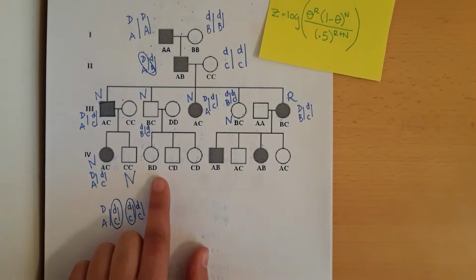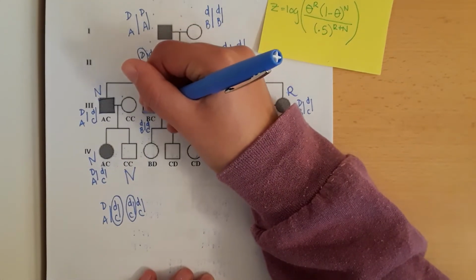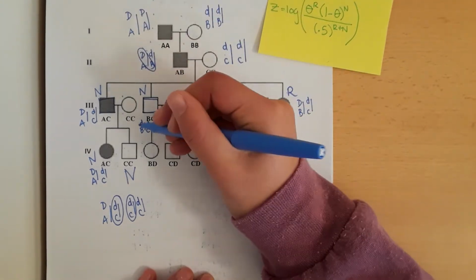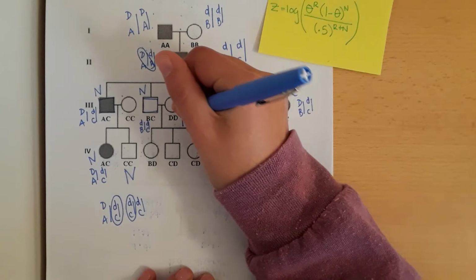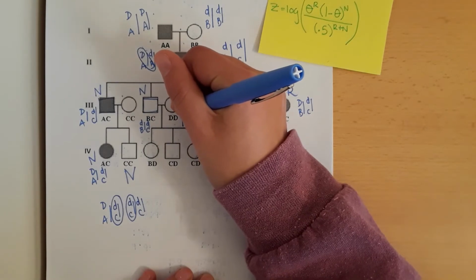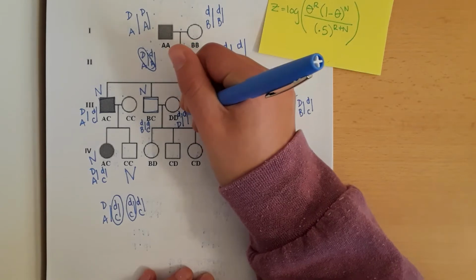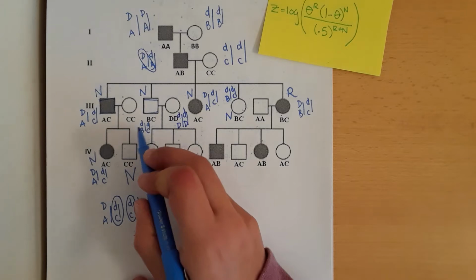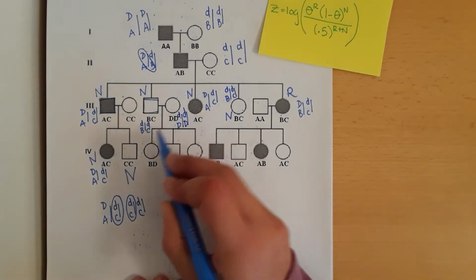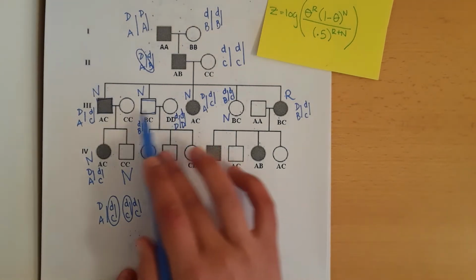Now let's take a look at these people. So this person has a small d B and a small d C. Then this person doesn't have the disorder either. So they have little d with a marker D, little d with the marker D. Now what we notice is that we don't have a capital D here for the gene.